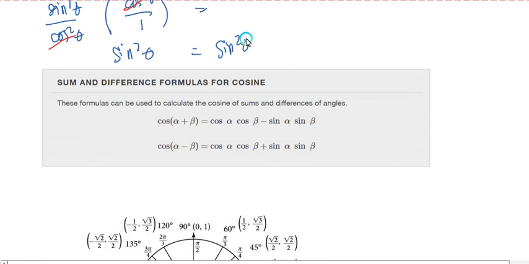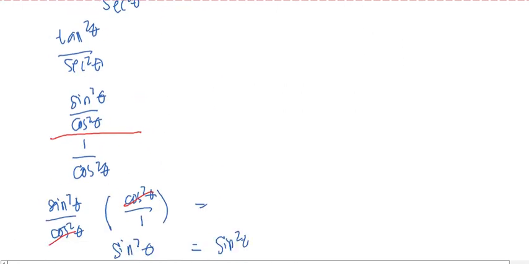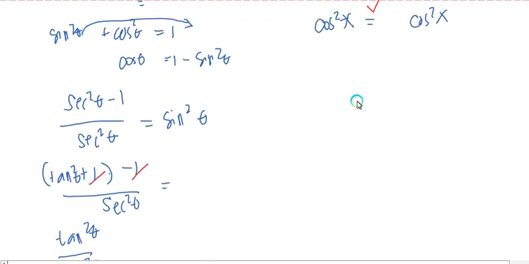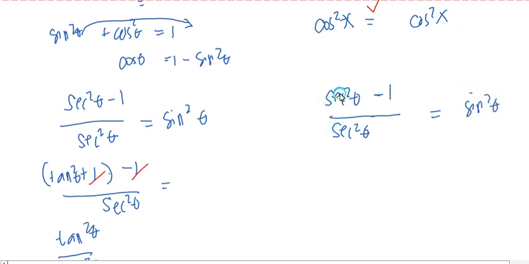Okay, so that is our equation. You can use any type of trigonometric identity. You can also perform other trigonometric identities, like secant squared theta minus 1 all over secant squared theta. Your answer should be sine squared theta. Okay, so I will separate them: this will be secant squared theta all over secant squared theta minus 1 all over secant squared theta.